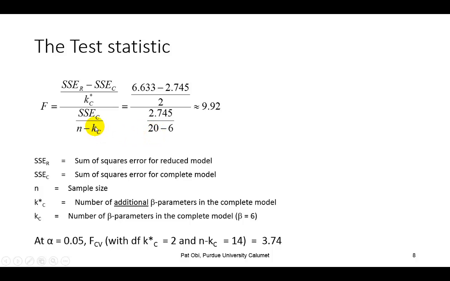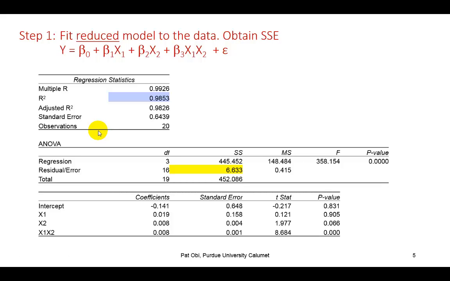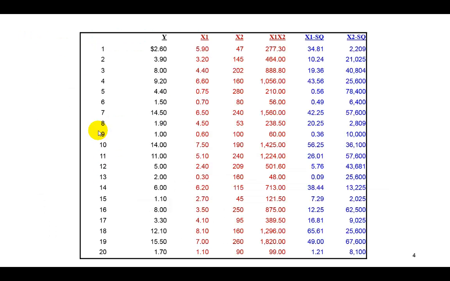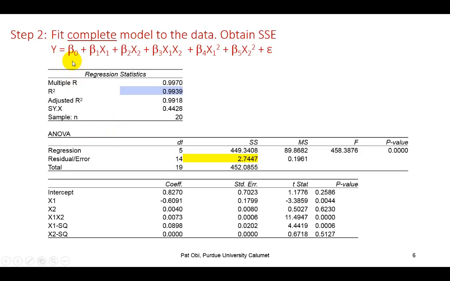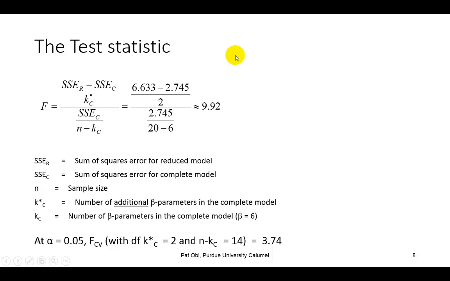Kc is the number of coefficients in the complete model. Well, this is the complete model. We have b sub 0, 1, 2, 3, 4, 5, and 6. So there are 6 of those. 20 minus 6 is 14. So 2 degrees of freedom in the numerator and 14 degrees of freedom in the denominator.